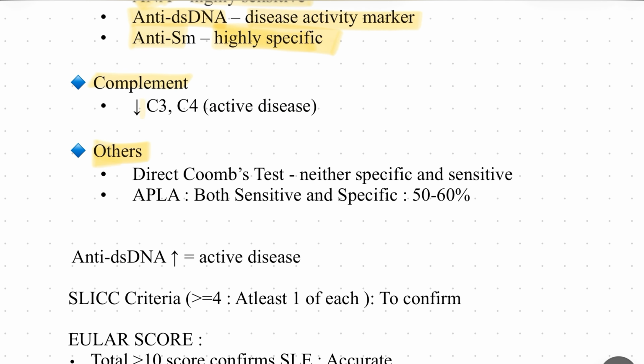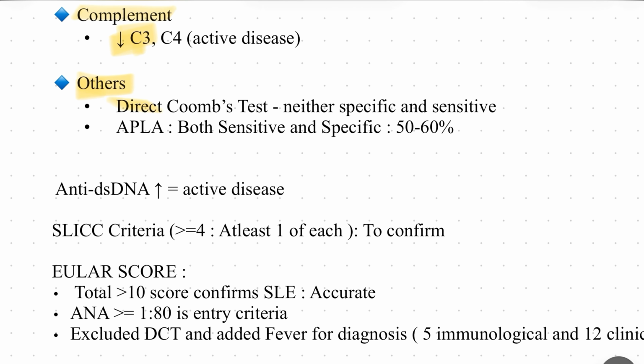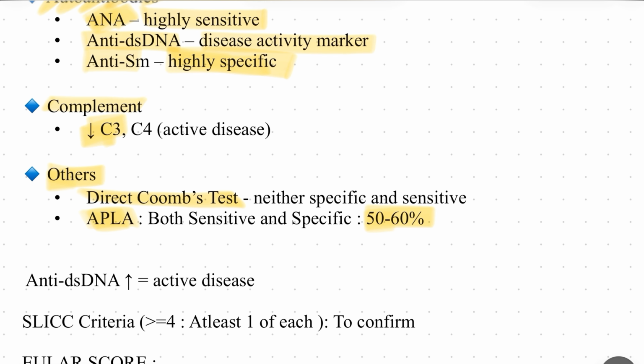Then for complement, we usually see C3, which is usually low. Then others: direct Coombs test, which is not at all useful, and APLA, both sensitive and specific at 50 to 60%, but we prefer the anti-Smith autoantibody for regular purposes.